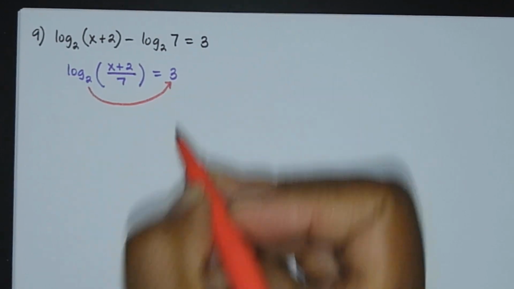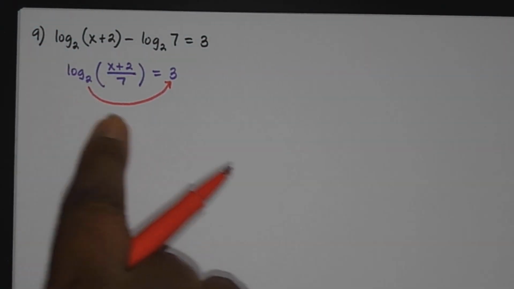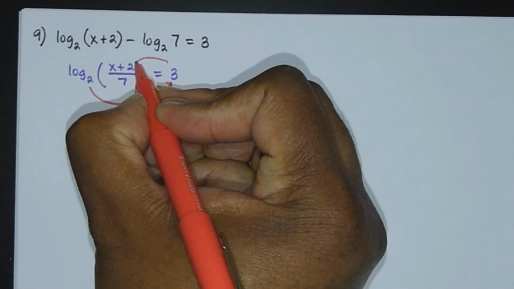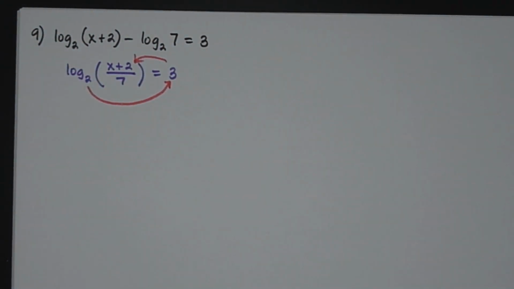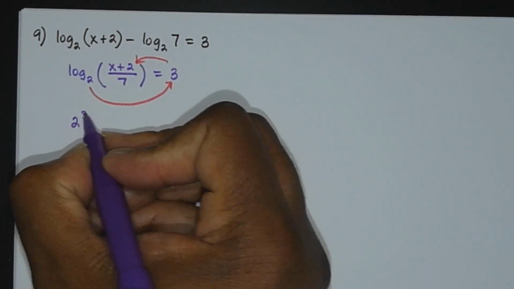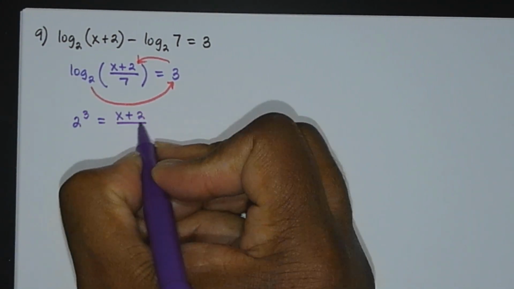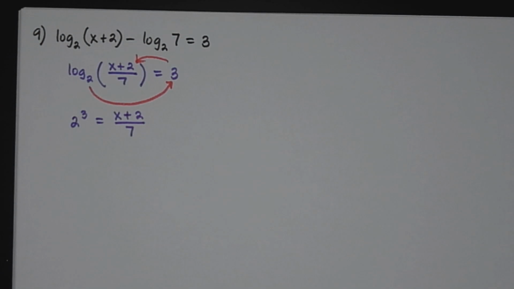What's after this equal sign? That's going to be the exponent for 2. So it'll be 2 to the third, and then that's going to be equal to x plus 2 divided by 7. So in its equivalent exponential form, we have 2^3 is equal to (x plus 2) divided by 7.